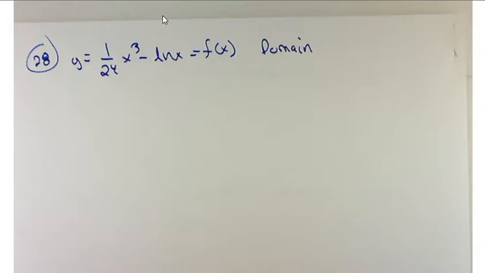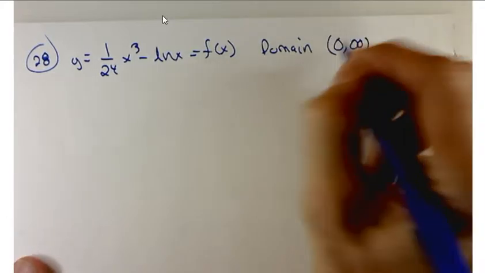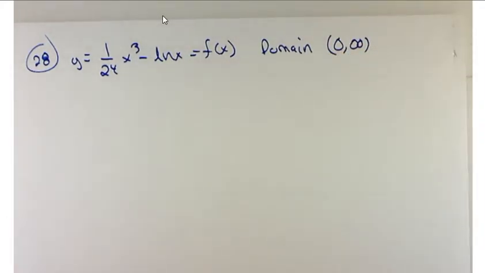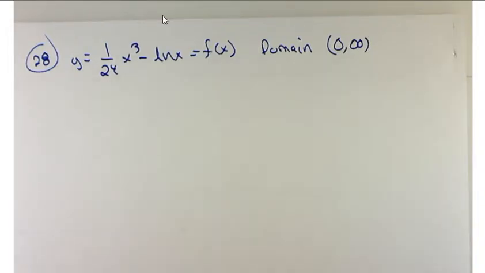So x has to be strictly positive. So your domain is 0 to infinity, but that 0 gets a parenthesis because you can't take the log of 0. This is not going to have any horizontal asymptotes. It's not a rational function. It's not going to have any symmetry.